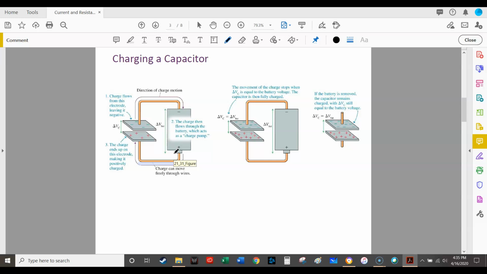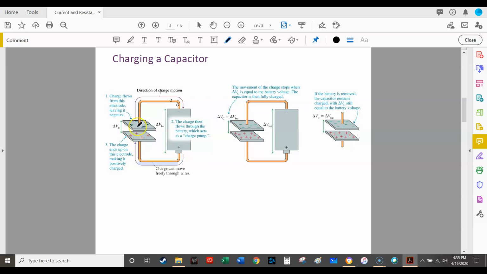Electrons can freely move, right? The current is flowing from positive to negative, as we learned. But electrons in this wire are being pushed over here, and they build up on this plate.